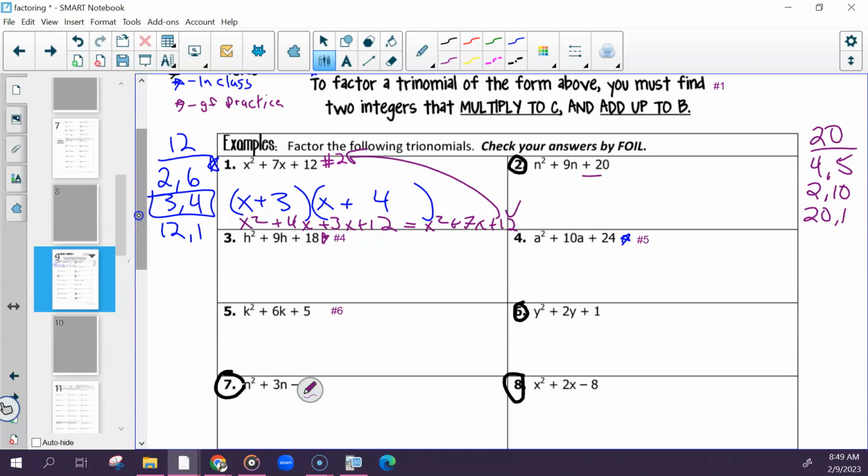Yes, the 4 and the 5. So then, what would your 2 factors look like? The order does not matter.